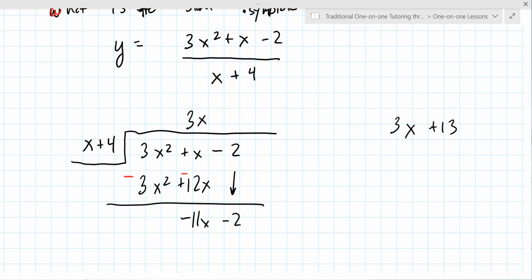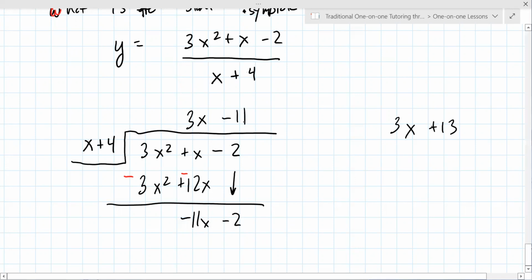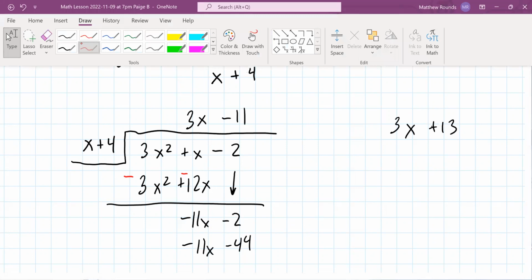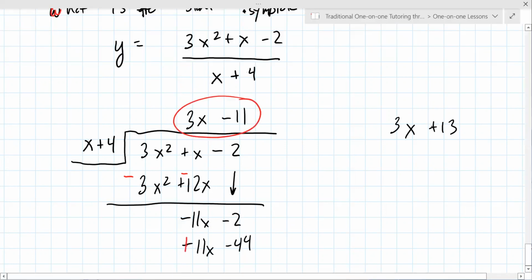So do you see how from here you've got a different number, it becomes minus 11, because you want to get to that minus 11x. So that becomes minus 11x minus 44, but you actually don't care, because you only need the thing at the top, but you do change the signs.